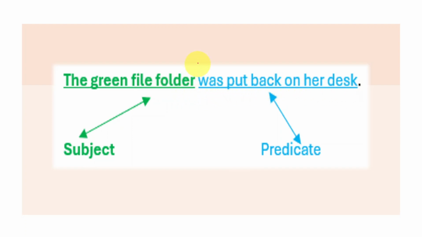Now, here is the predicate. That's the one. You can see where the verb starts to the end of it. That's why we get the predicate. Now, the green file folder is the subject.